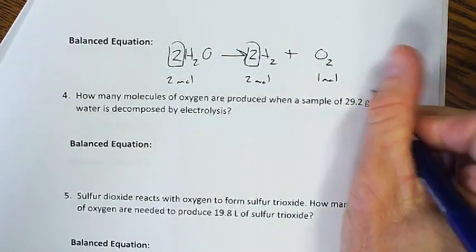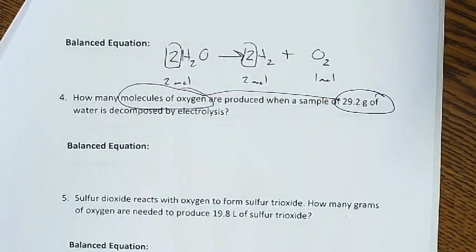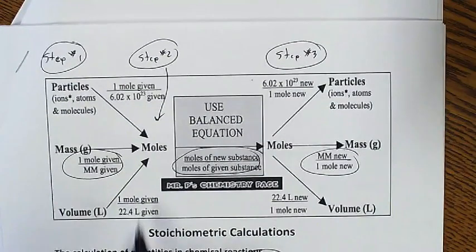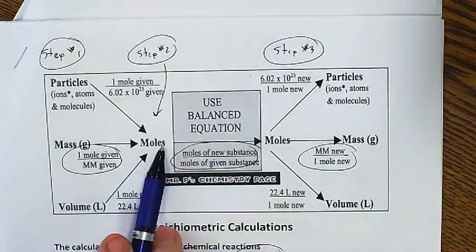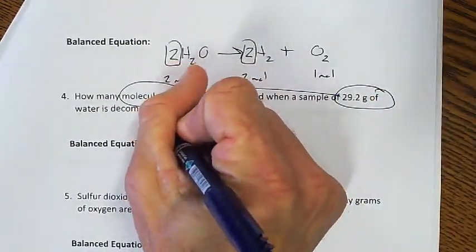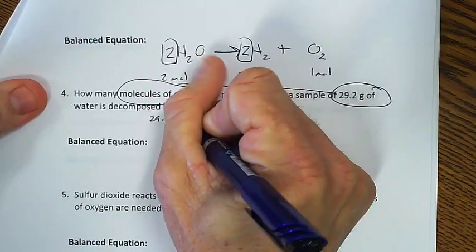So you get 29.2 grams of water. They want to know how many molecules of oxygen are produced. So again, we've got to think about where we're starting on these problems. I'll use that previous copy there. In this case, we're starting right here with grams, and the first thing we got to do is convert it to moles. So we've got 29.2 grams of H2O.